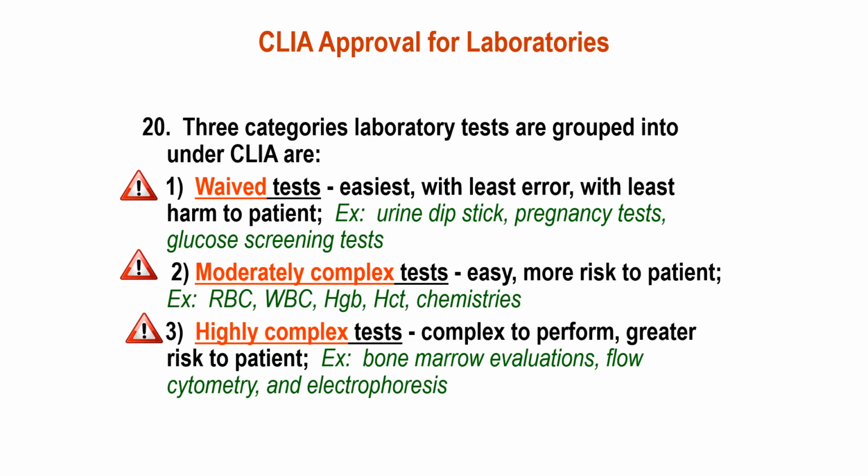These tests are very complex to perform, and there's the greatest risk to the patient if something is not done right. Some examples of highly complex tests are bone marrow evaluations, flow cytometry, and electrophoresis. So remember, CLIA is the law, right? They took all the laboratory tests offered and grouped them into 3 different categories: the waived, which are the easiest, moderately complex or a little harder, and then highly complex.